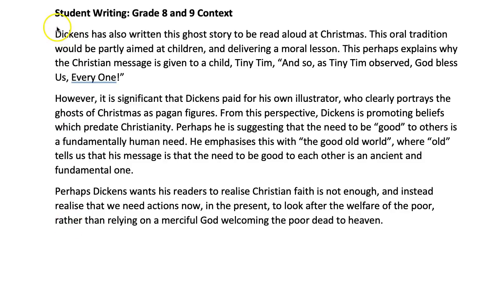The great thing here is if I write about everything that's in the indicative content for AO3, I can now write myself 3 paragraphs which I know are going to get me grades 8 or 9 for that part of the essay. And I can plan that in advance, and remember, this context will be relevant whatever the question is. So I can plan 3 paragraphs that I know I'm going to write in my essay no matter what the question is. I'll have to adapt odd words and focus it on the character that the question's about, but these 3 paragraphs will be relevant to every single question I answer.